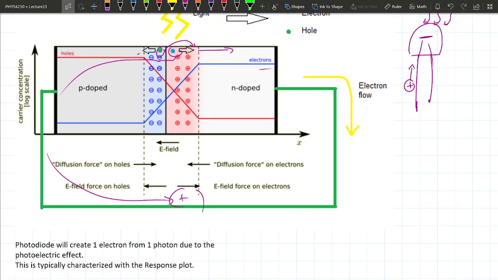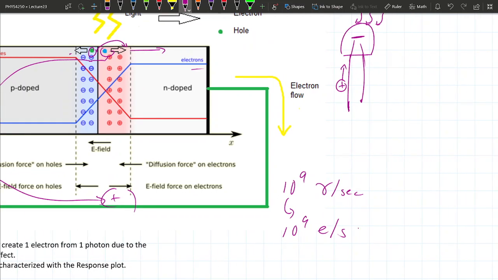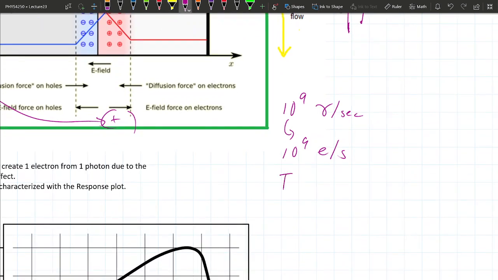So whatever number of photons hits your detector, right, it'll give you one electron only. Okay. So typically, if you see normal light, this will give you something on the order of 1 billion photons per second. Okay, so that seems like a lot of photons. But if you convert that to 10 to the 9 electrons per second, what is the current? 10 to the 9 electrons per second gives you how much current?